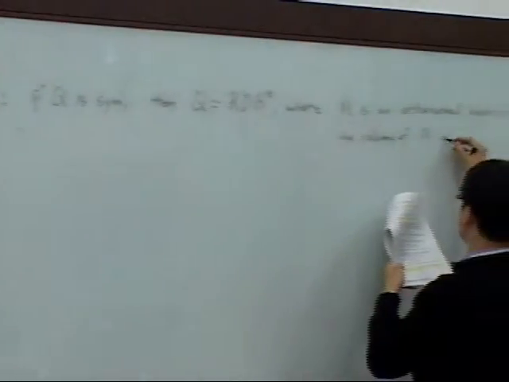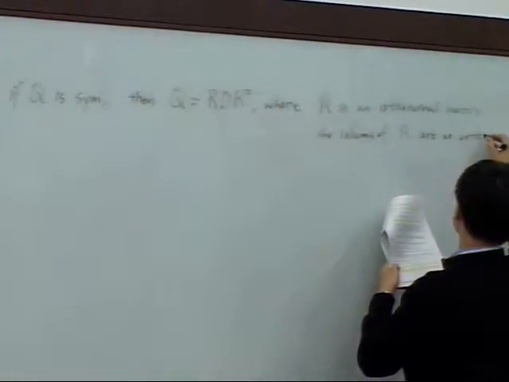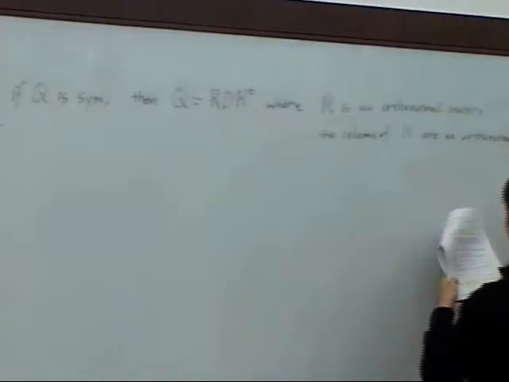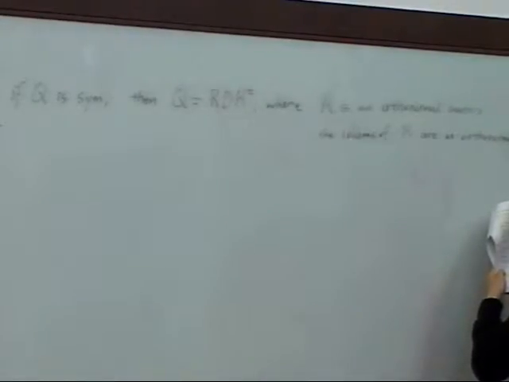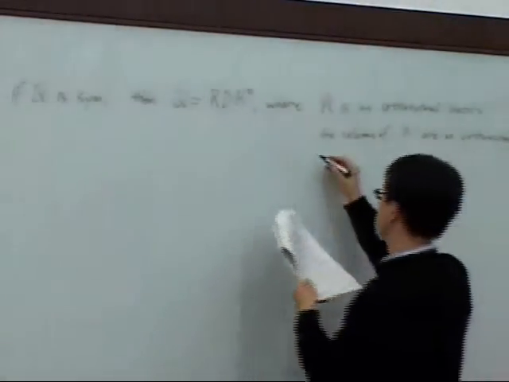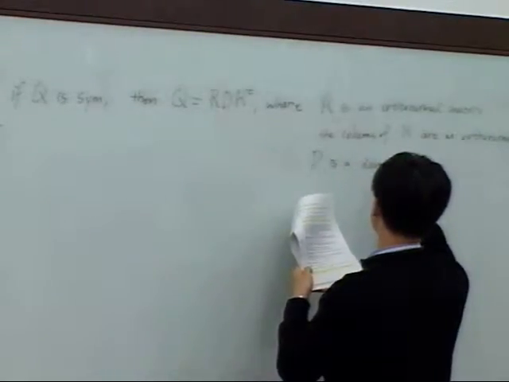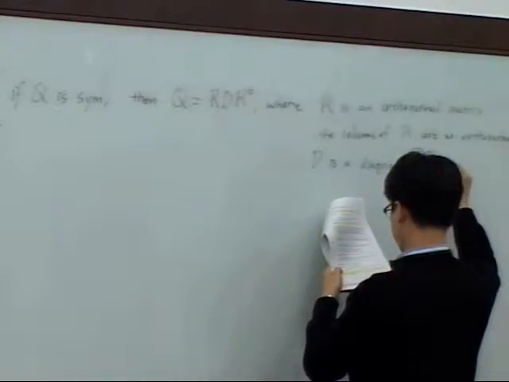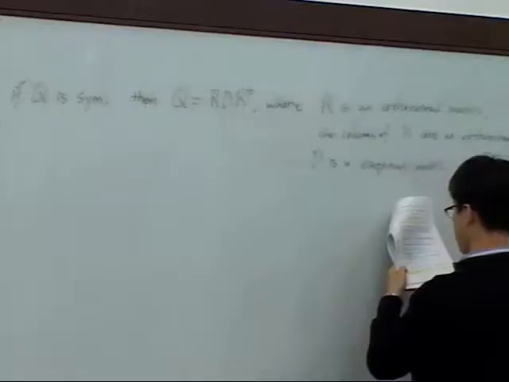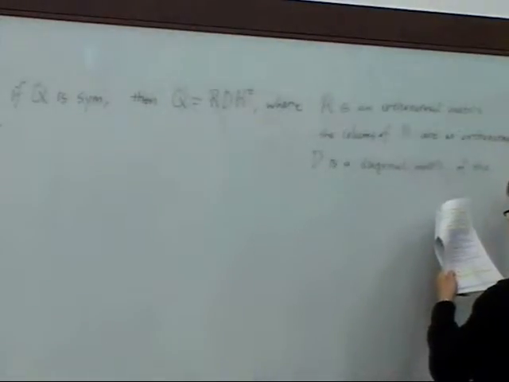The columns of R are an orthonormal basis of eigenvectors of Q. And D is a diagonal matrix of the corresponding eigenvalues of Q.